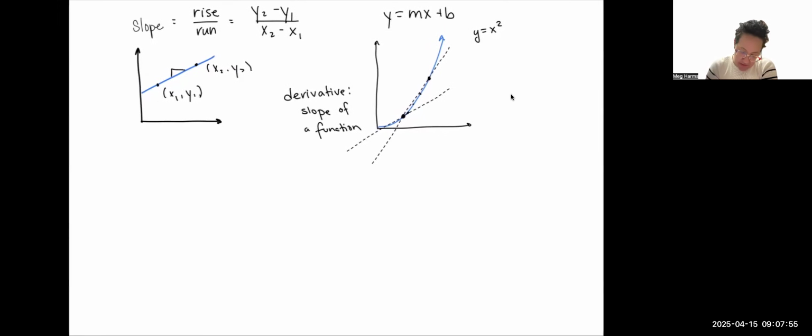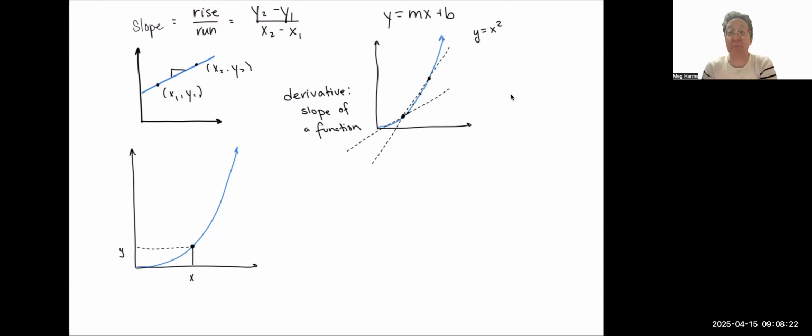So we are going to look at a point here that has some x value and some y value.